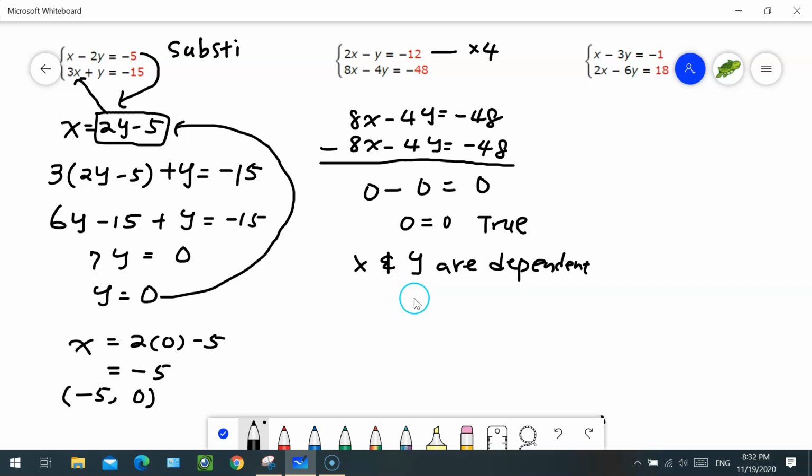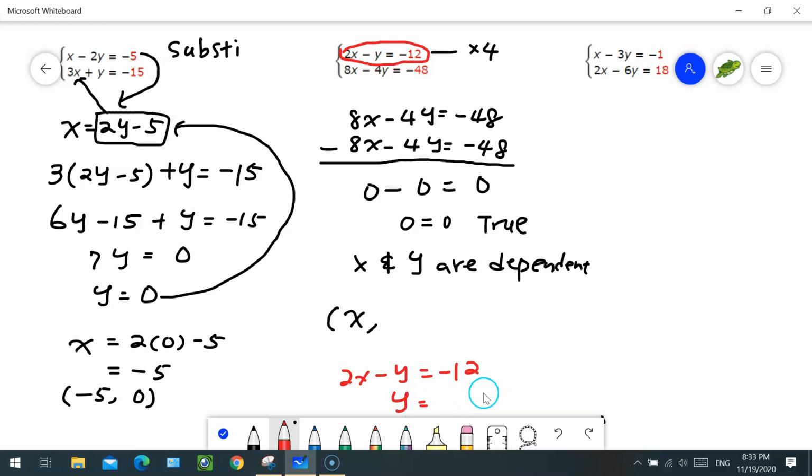So how can we define the x and y values, because they rely on each other? We let x equal x. Now for y, in order to get y, rewrite y with the x term. We can use the first equation. The first equation here has 2x minus y equals negative 12. I want to rewrite y in terms of x. So y is equal to 2x plus 12.